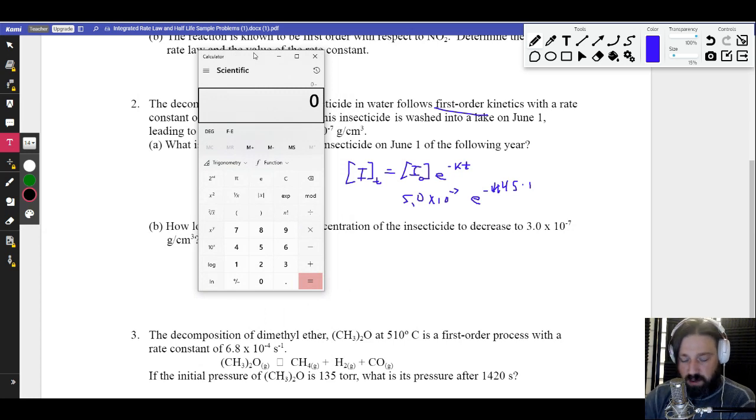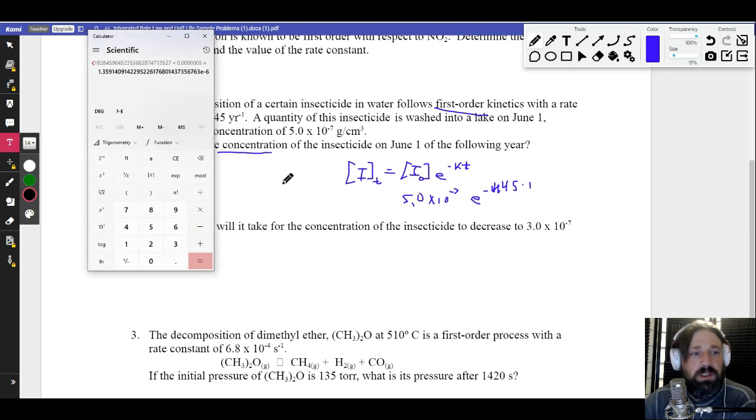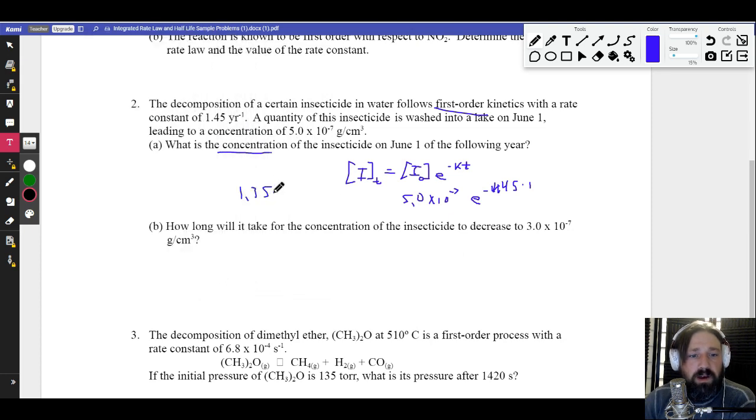All right, so let's pull out our old calculator and do this. So negative, this calculator doesn't like it when you do that. Negative 1.45 times 1, e. Great. And then we're going to multiply that by 5.0 exponent negative 7 to get this: 1.35 times 10 to the negative 6th grams per centimeter cubed.